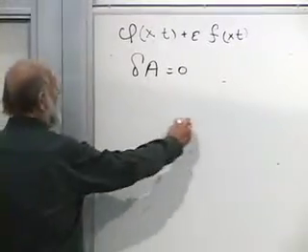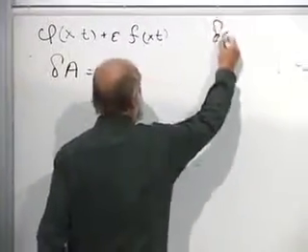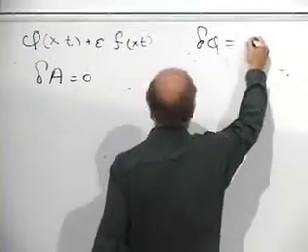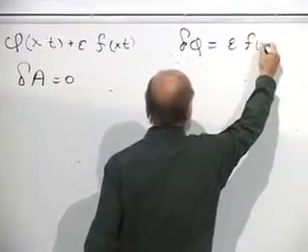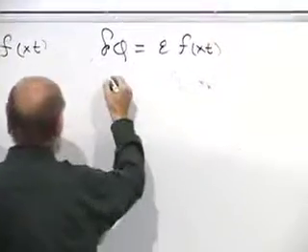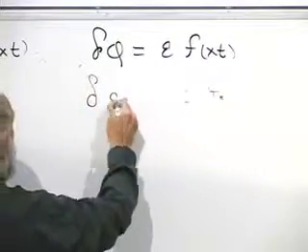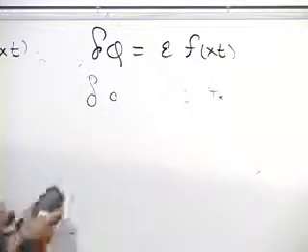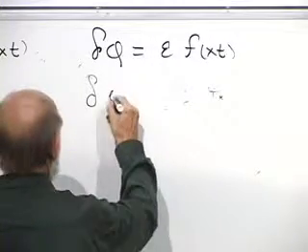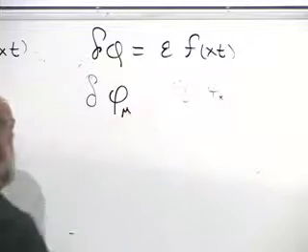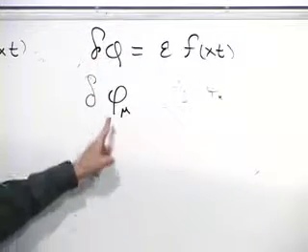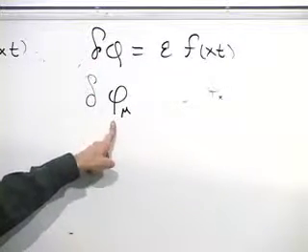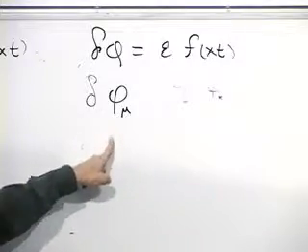If delta phi is equal to epsilon times f of x and t, then what is the change in, let's call it, phi mu? What's the change, if there's a change in phi, in the derivative of phi with respect to x? Very simple.